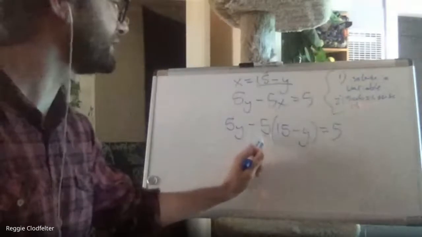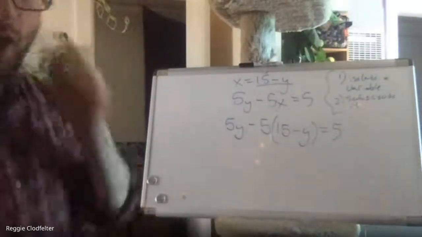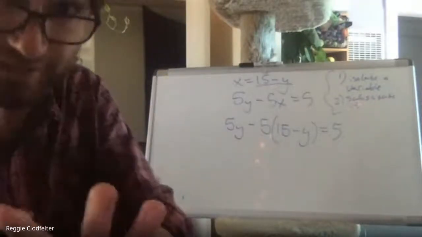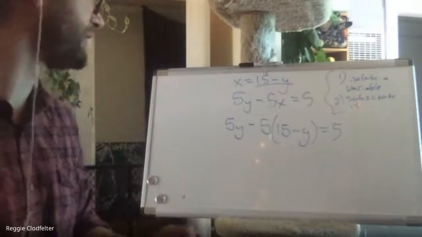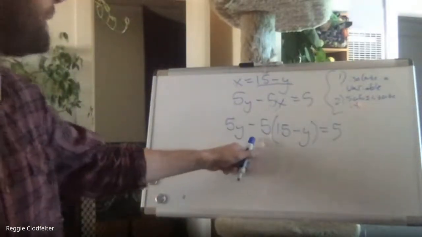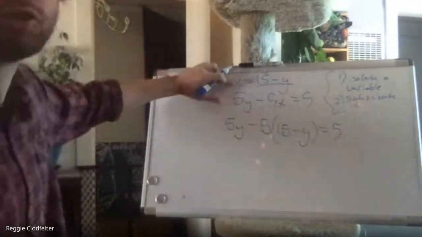Yeah. So I get 5y minus 5 times 15 minus y equals 5. Okay, so everyone, this is important, and I want you guys to not miss this. I don't want this to trip you guys up. I've gotten this far: 5y minus 5 times 15 minus y equals 5. This is 2b, by the way.